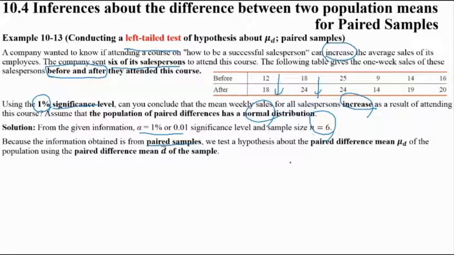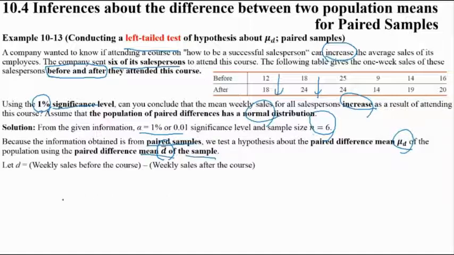The paired difference is mu d, and d bar is the sample mean. Of course before subtract after. This is why they check whether there is an increase or not from before to after.